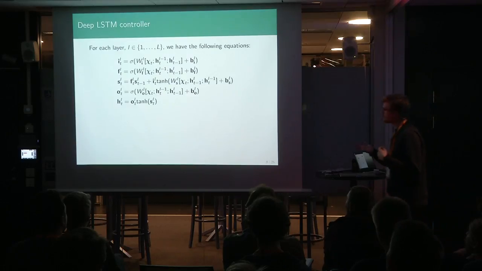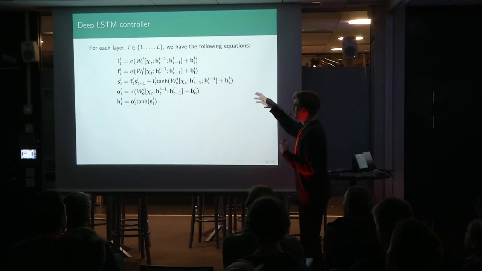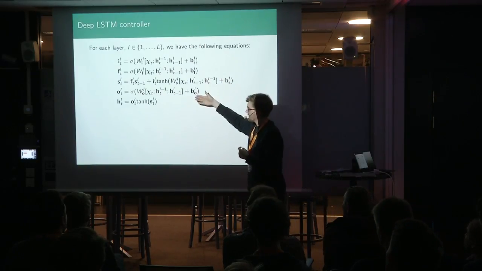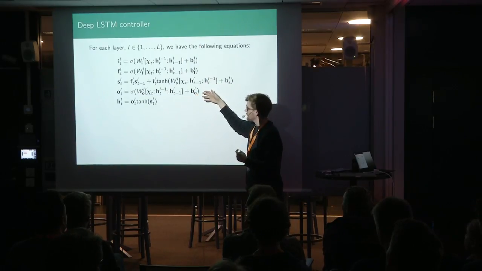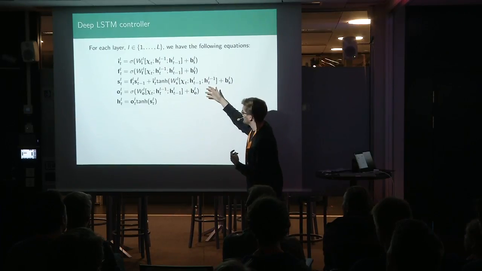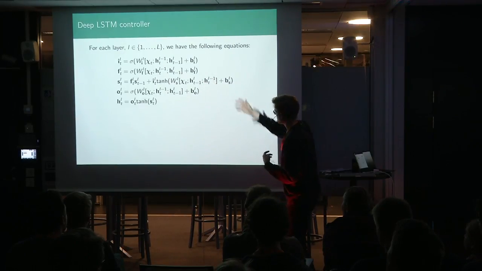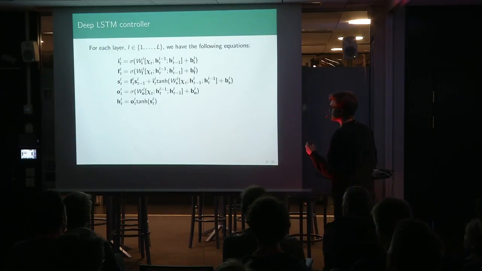Okay, so for the controller we have the following. These are the equations for an LSTM for each layer. Most of you have probably seen these already, but I can go through them if we have time later.